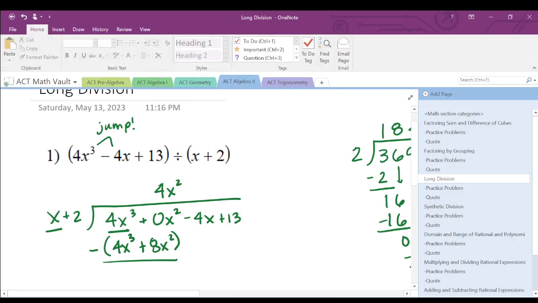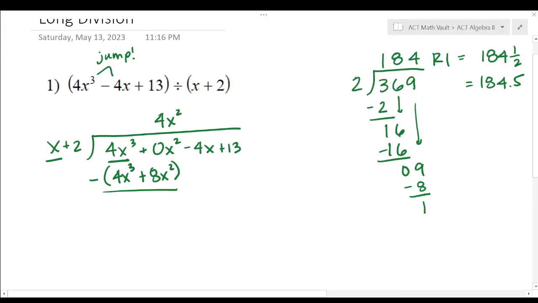I like to change colors here. I recommend distributing this negative in so that we don't mess up our signs. Let's do minus, minus. And that would be 0 minus 8. We get negative 8x squared. Bring this down, minus 4x.